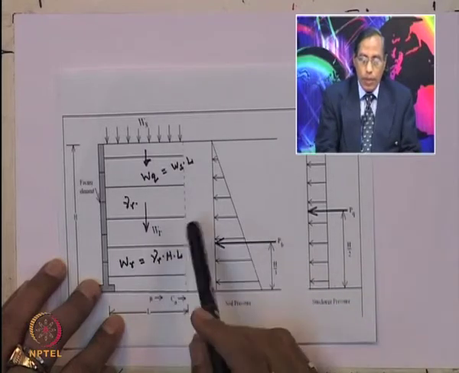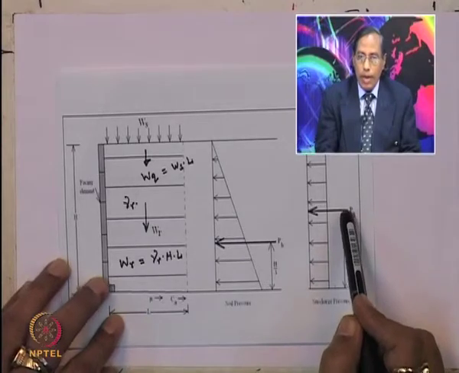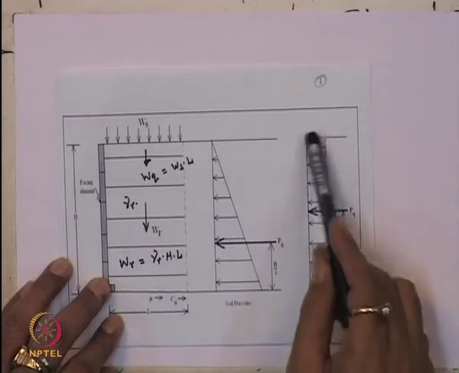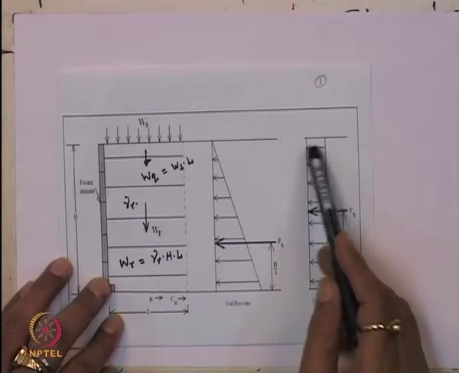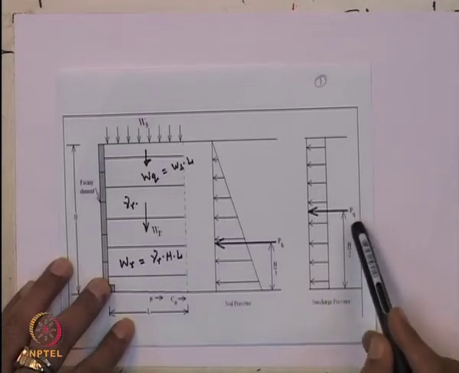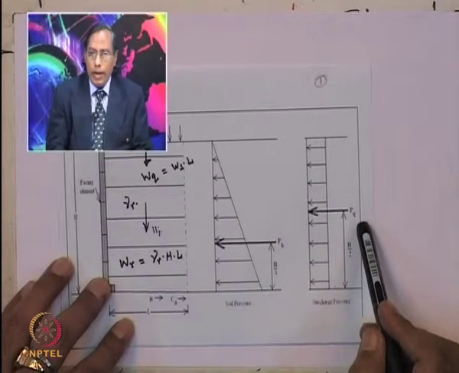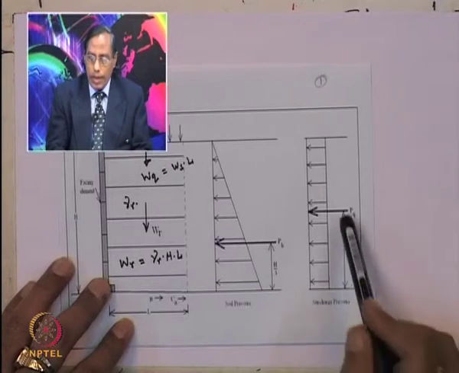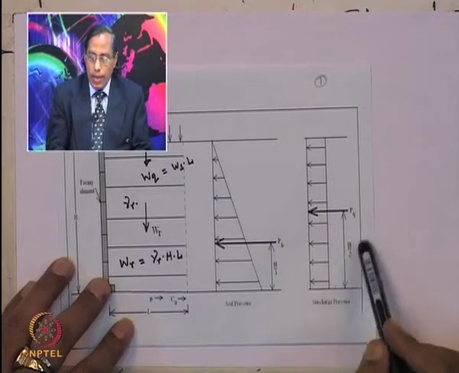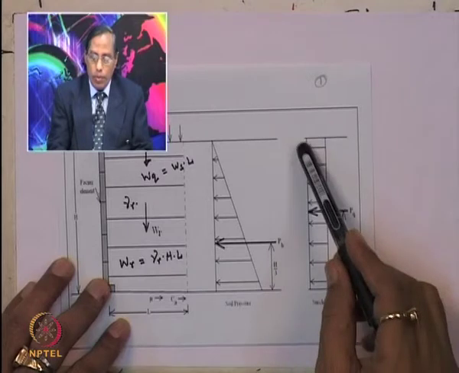Apart from this, there is a surcharge pressure. So we check what will be the lateral pressure due to the surcharge load. Due to the surcharge load, you know that there will be uniform distribution of surcharge pressure, and this lateral pressure due to the surcharge load is designated as P of Q, which is acting at a distance of h by 2 from the base of the wall, where h is the height of the wall.